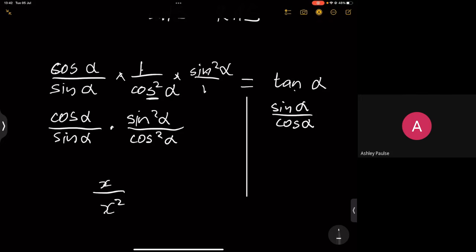Okay, so what do I have? I have x over x squared, and how do you get x squared? It's x times x, isn't it? Now notice, one of those x's would cancel one of the x's. So what would I actually have? 1 over x, isn't it?